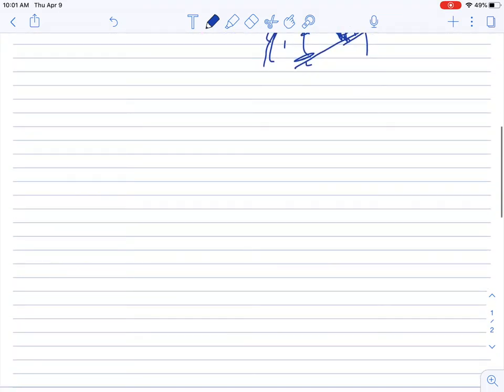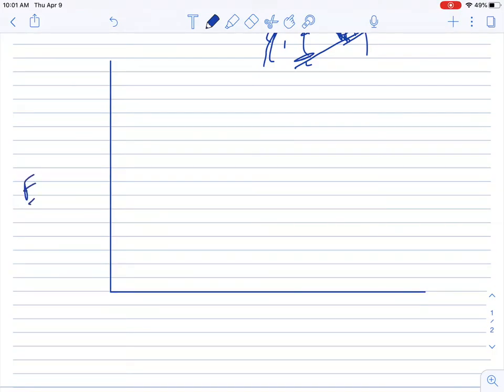Now, here's the other way that you can look at this. So here's another graph, okay? This is energy, and this is the direction of the reaction, and we're going to start here.